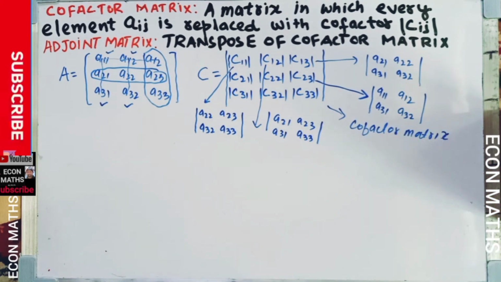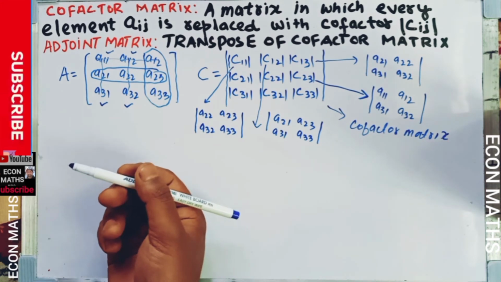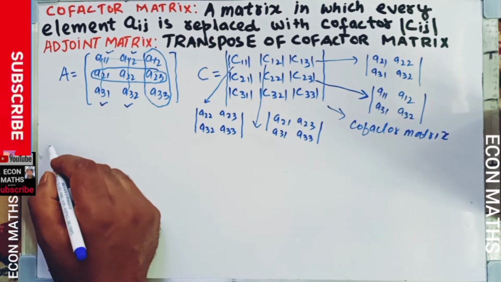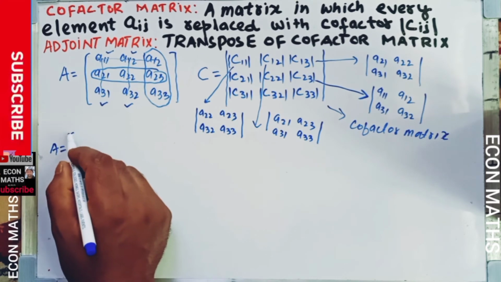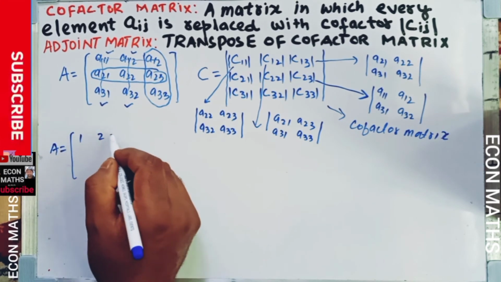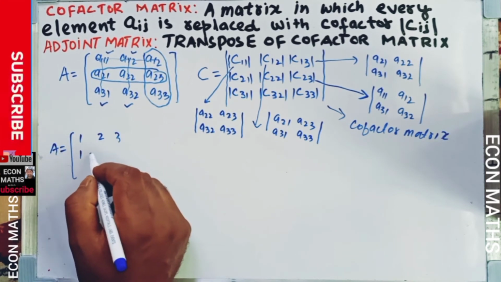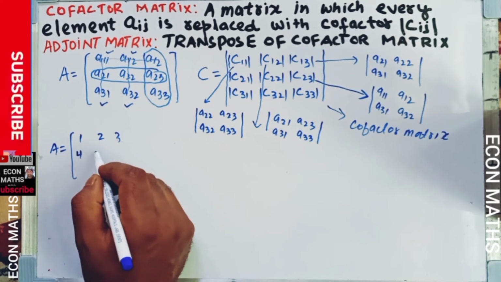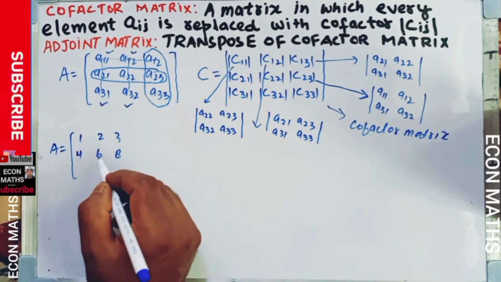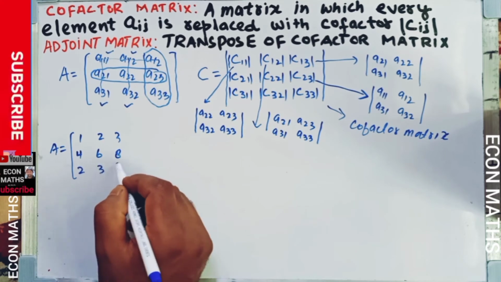Now in parallel I will give an example. If I have a matrix A equal to 1, 2, 3, 1, 4, 6, 8, 2, 3, 5.